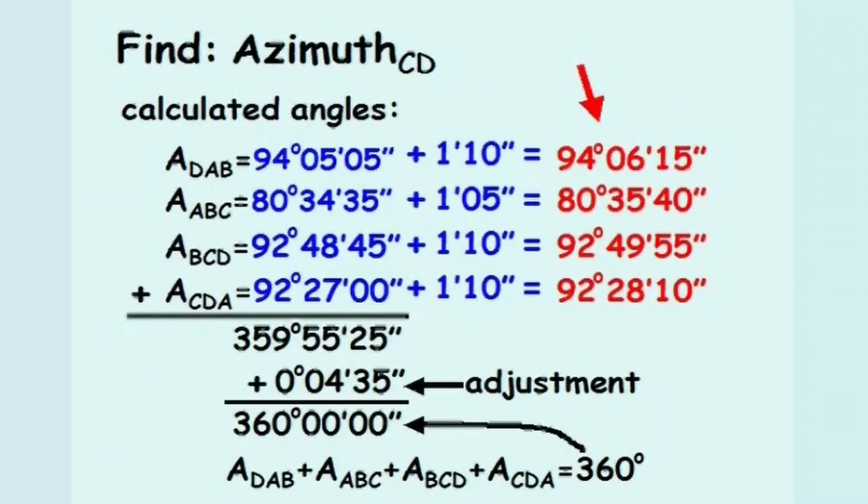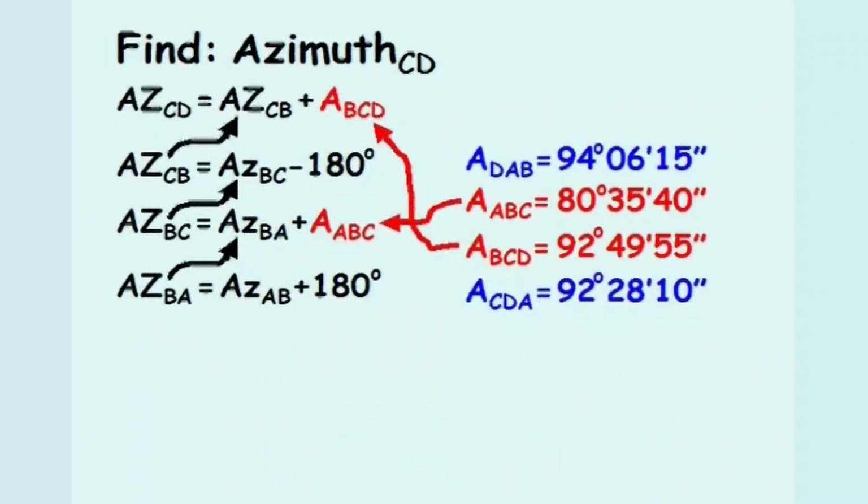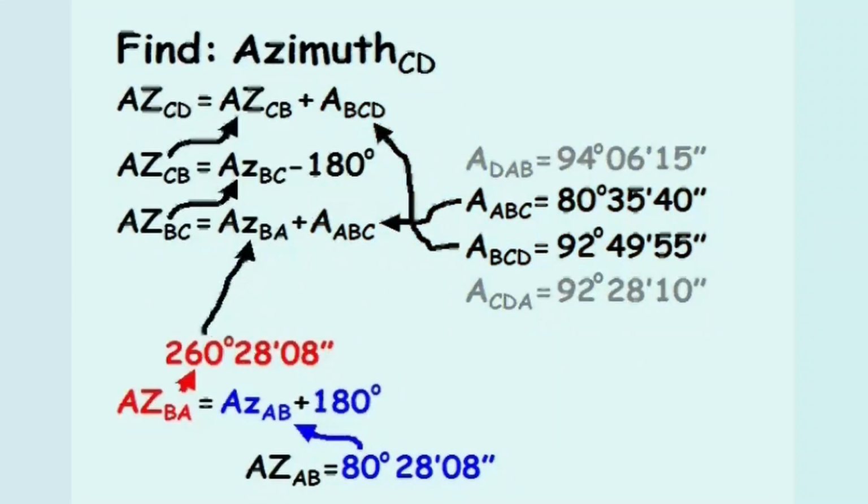From earlier in the problem, we determined we needed to find angles ABC and BCD. Now we can solve for the true azimuth of course CD, because the true azimuth of course BA equals 260 degrees, 28 minutes, 8 seconds.